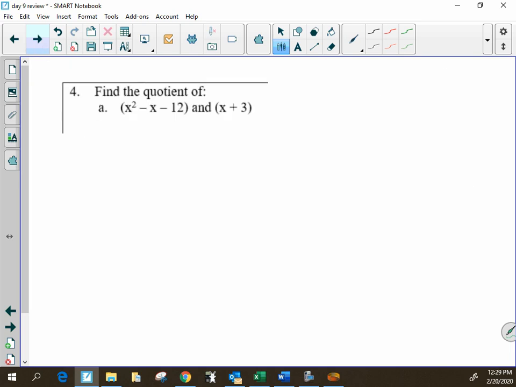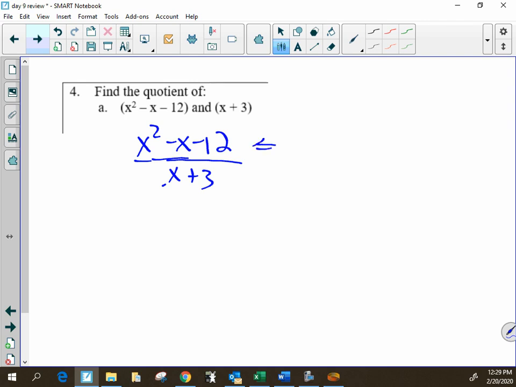All right, so here when they say quotient, there's two different ways to do these types of problems. If you have a polynomial divided by a polynomial, or multiple terms, then you want to factor the numerator.